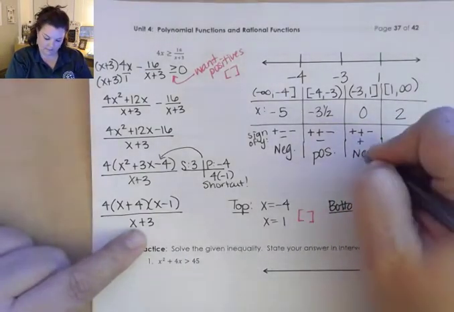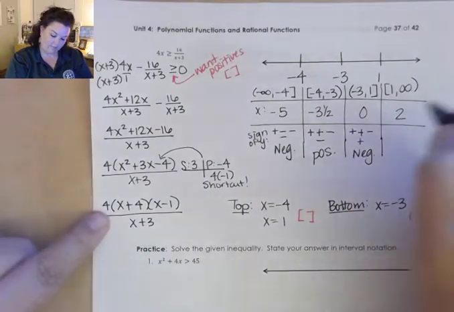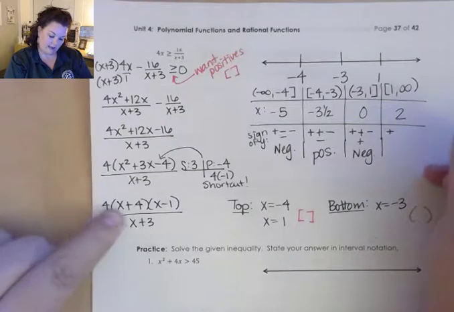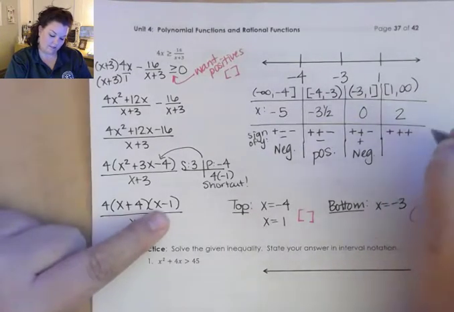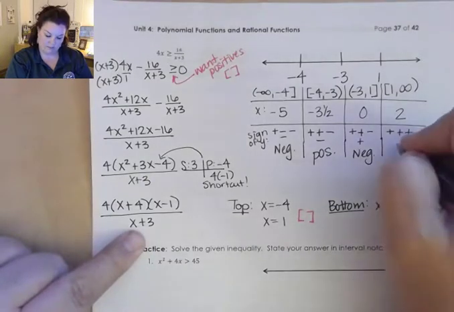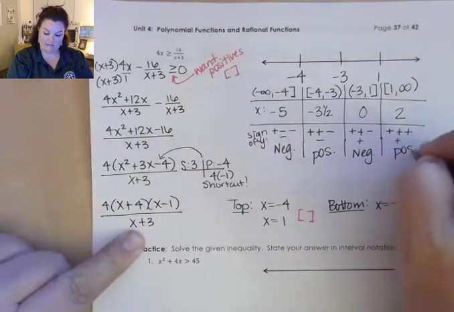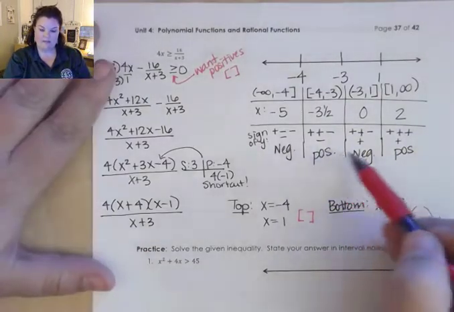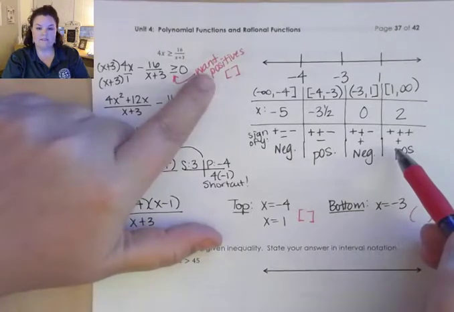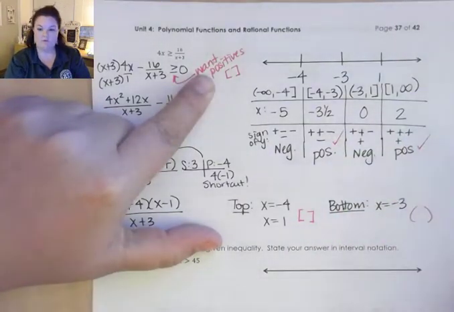Then I want to do the same thing with 2. I have a positive 4 that's already there. And then 2 plus 4 is positive. 2 minus 1 is positive, and on bottom 2 plus 3 is positive. So all positives multiply to give me a positive interval. Now that I know the signs of all my intervals, I go back to see what I wanted. I wanted the positive intervals, so that's my second and fourth ones.